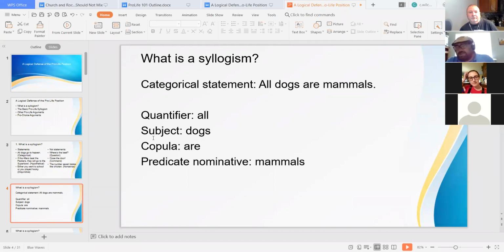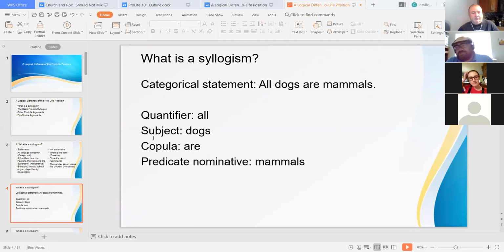The subject is dogs, the subject being who or what the statement is about. The copula is just a form of the verb to be. So in this case, the copula is are. And then the predicate nominative is mammals, the predicate being what is being stated about the subject, and nominative essentially meaning that it's stated in the form of a noun.